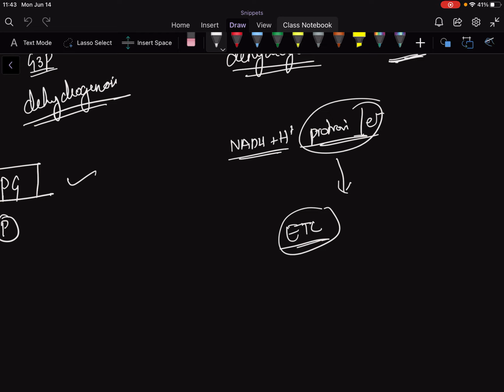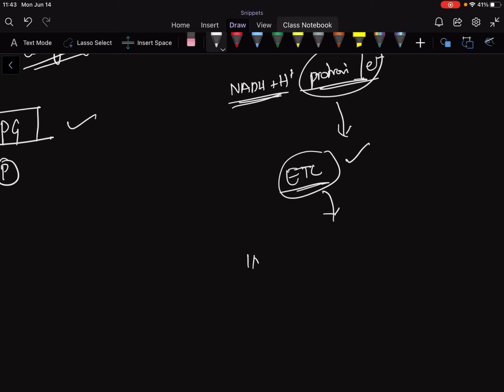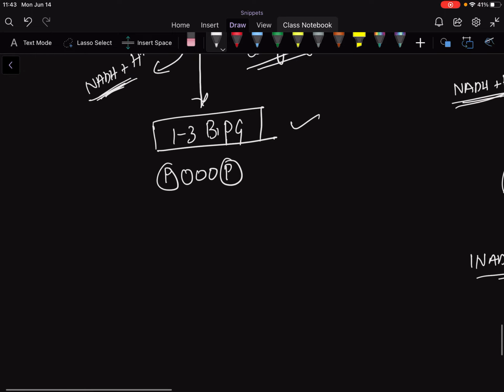And this NADH is like a check. Okay, they are like checks. So in order to get the money, this NADH goes to the bank, which is the electron transport chain, and in the electron transport chain, for one NADH plus H plus check, you will get nearly 2.5 ATP. Okay, so you remember that one.